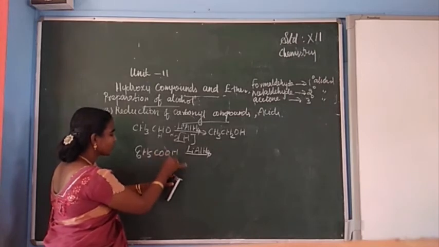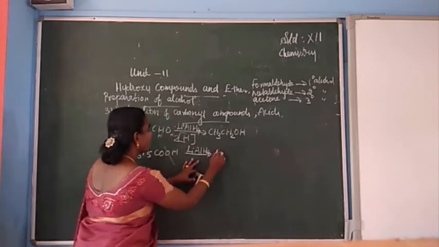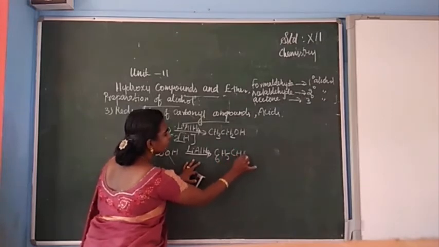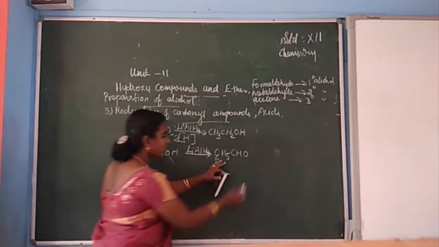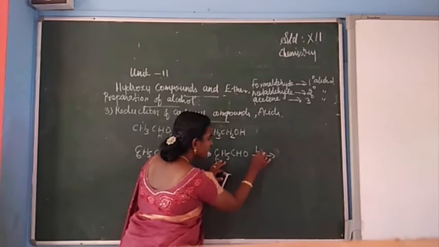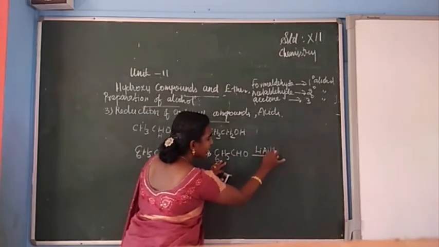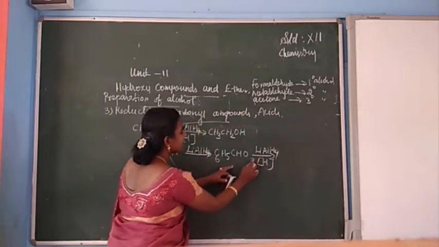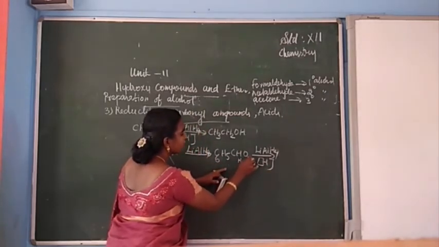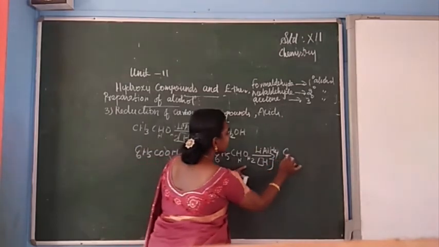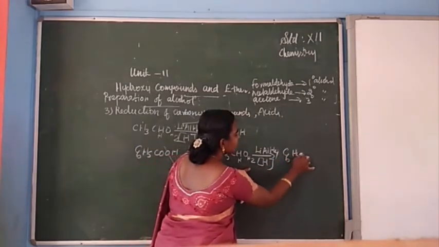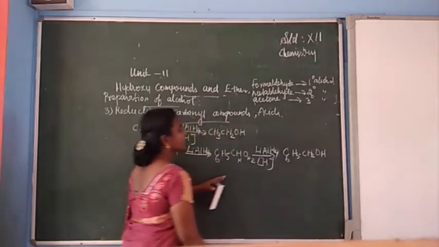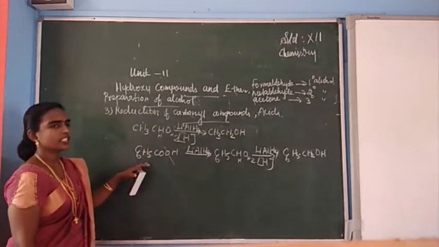When you remove this oxygen, it forms C6H5CHO, an aldehyde. This aldehyde again on reduction with lithium aluminium hydride, one hydrogen is added here and the next one here. The compound you get is C6H5CH2OH. Can you understand?